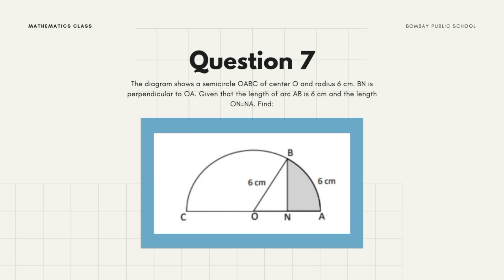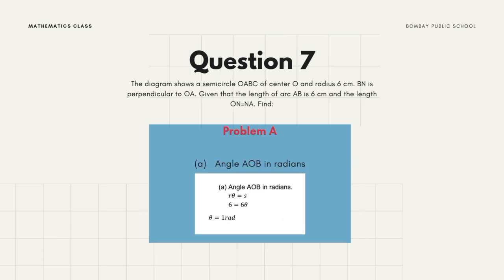Given that the length of arc AB is 6 cm and the length of ON equals NA, find the angle AOB in radians. So, using this formula, we get the answer of 6 theta and convert theta to radians.